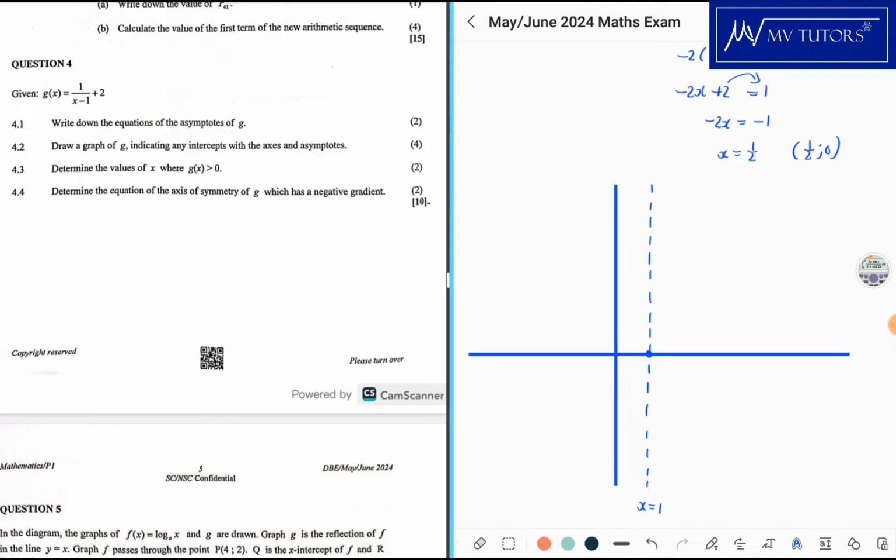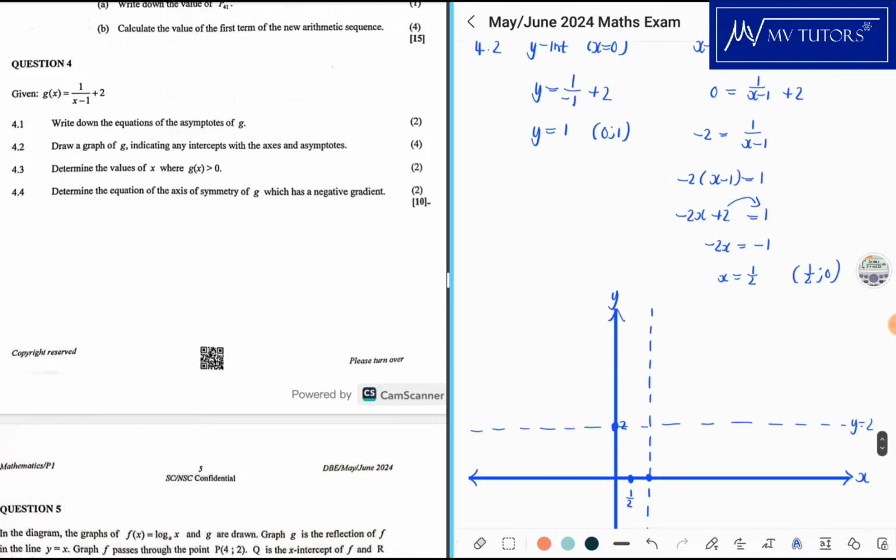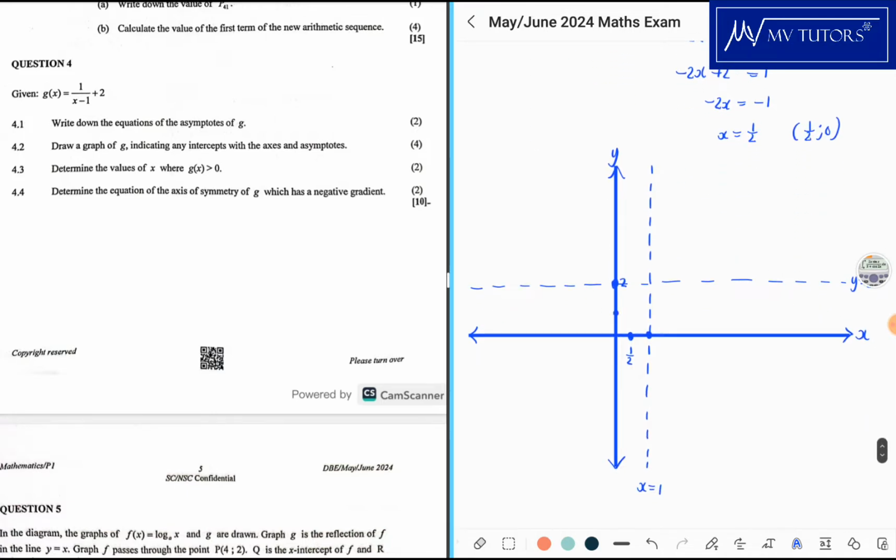And I had y is equal to 2. So again, the graph shouldn't touch there. All right, and then I calculated my intercepts. I know that x is equal to a half. So that's a half, and I know that y is equal to 1. Okay, so basically it's halfway our asymptotes.